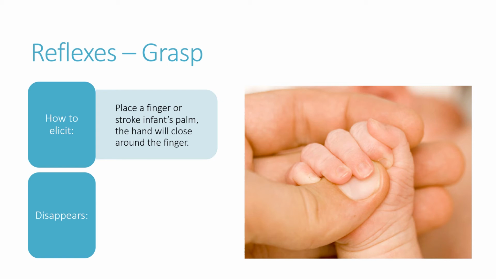To elicit this one, you just want to place your finger in the infant's hand. And sometimes these babies are born with their hands closed, so sometimes you might have to open up their hand. Once you place your finger on their palm, they should close their fingers around your finger like shown in this photo. And this reflex disappears between 4 and 6 months old.